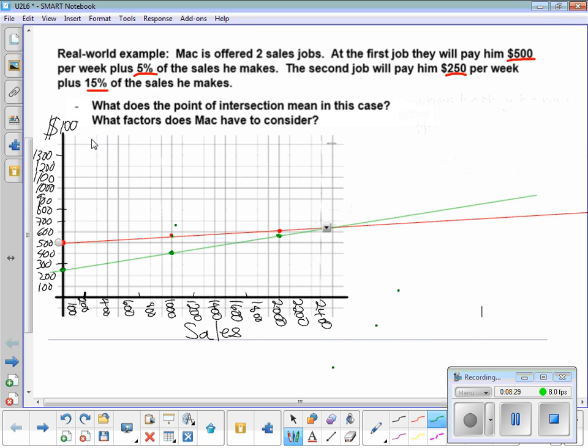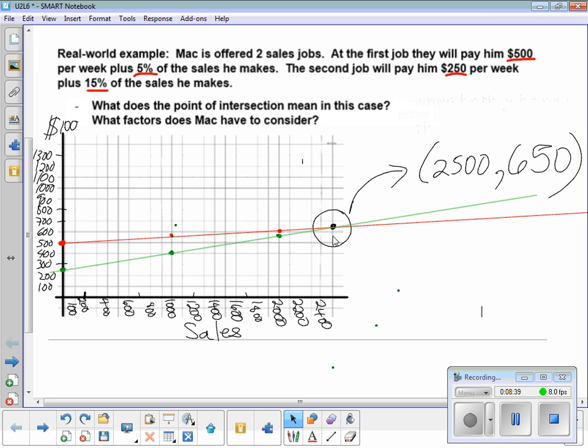So when we're looking at solving this type of question, we're actually solving to see when's the best time. Okay, and you can see the point of intersection for both of these lines occurs approximately here. So he will make about $650 when he sells $2,500 worth of product, whatever that is.